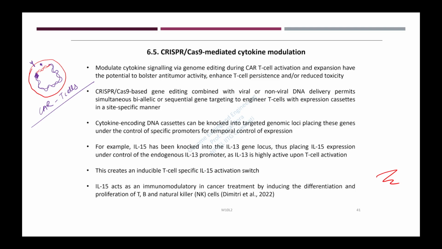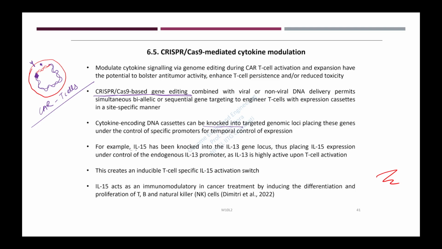So in order to regulate that, the CRISPR-Cas9 based method or gene editing can be used to put this transgene under a promoter that has modular expression levels, okay. And here also, as I mentioned, the cytokine encoding DNA cassette can be knocked in and integrated into the genomic loci.